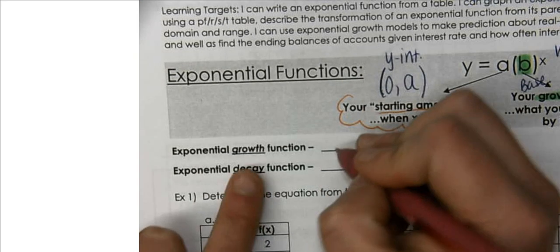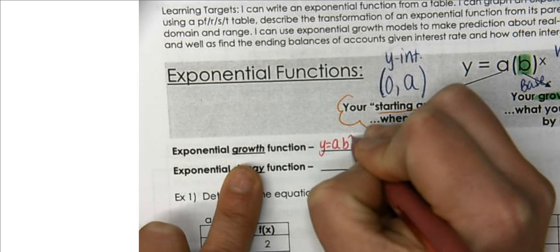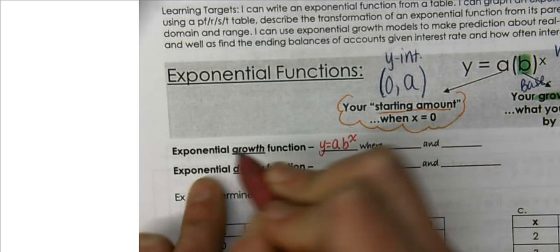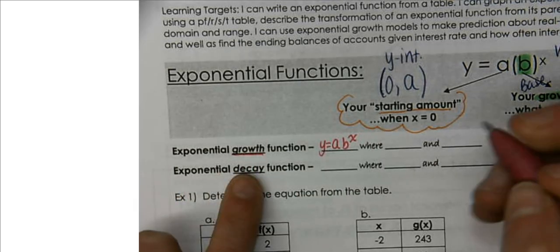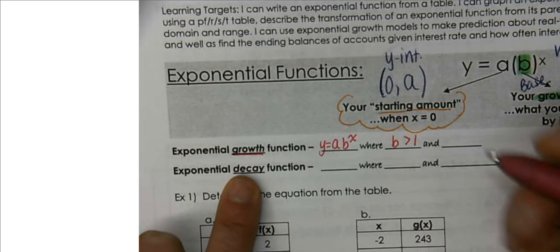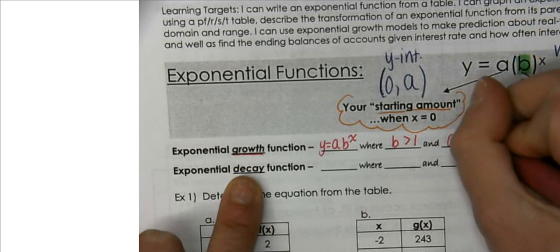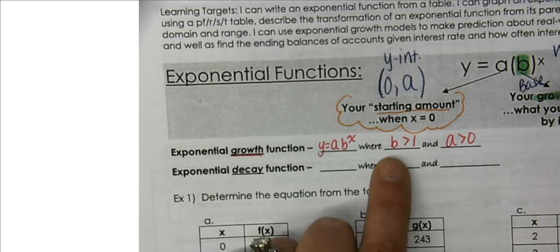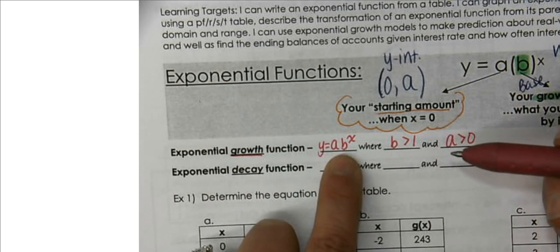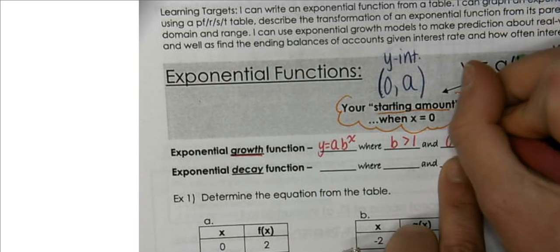So an exponential growth model in the form of y is equal to A times B to the x power is considered exponential growth if your B value is bigger than 1 and A is greater than 0. So what this means is that your B value, your base, is a number that's bigger than 1 and you have a positive A value.